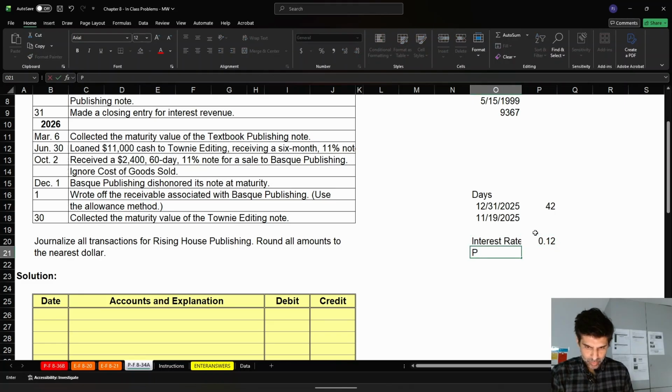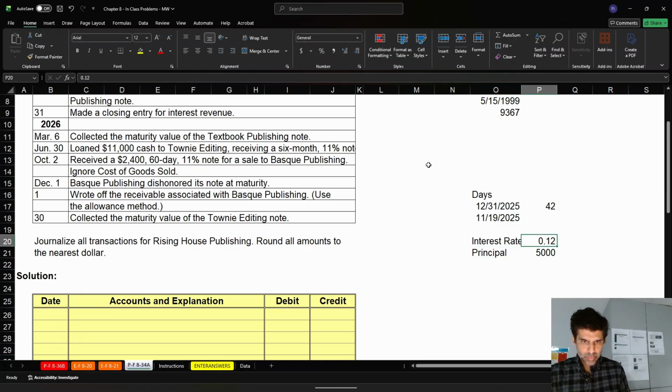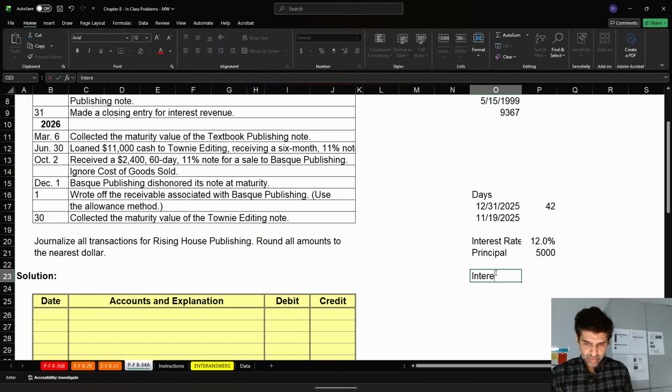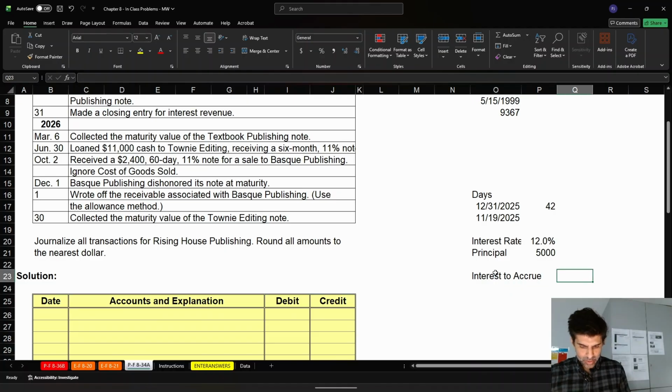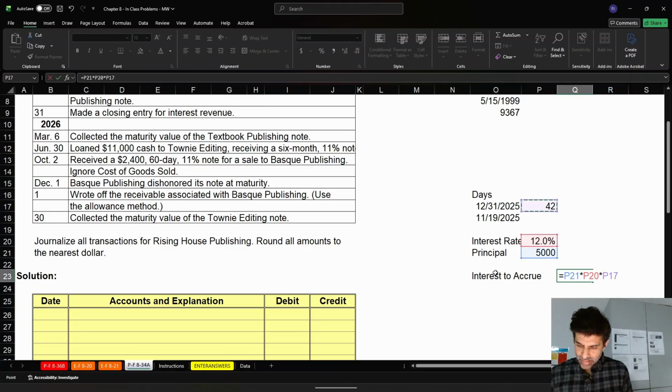So I have all the parameters that I need. If I want to figure out how much interest to accrue, I will just do principal balance times the rate, which is a yearly rate, times the number of days divided by 365. So 42 divided by 365 is the fraction of the year that I'm calculating interest for.